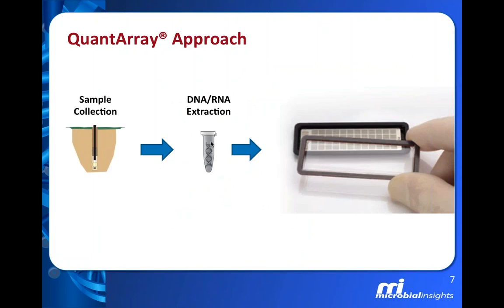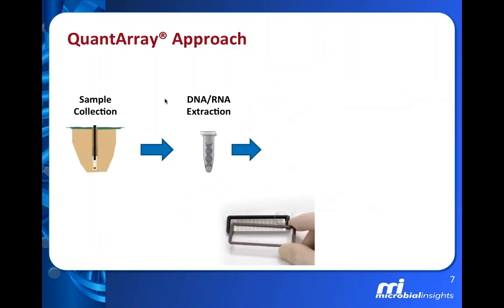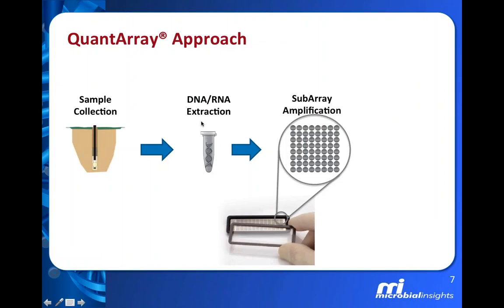So the great thing now with this quant-array approach, and many of you have seen this over the past couple of years, is we can quantify a broad spectrum of relevant microorganisms and functional genes and get cost-effective assessment for biodegradation, because quantification of the target genes happens in one run. And you've probably seen this slide as well. We're going to collect the sample, extract the DNA or RNA.